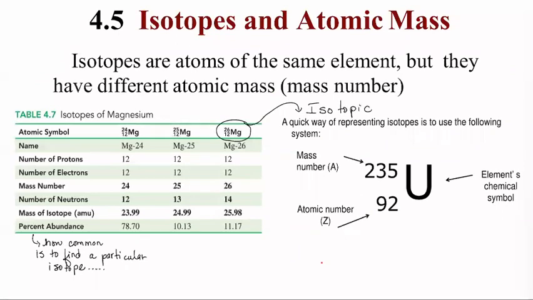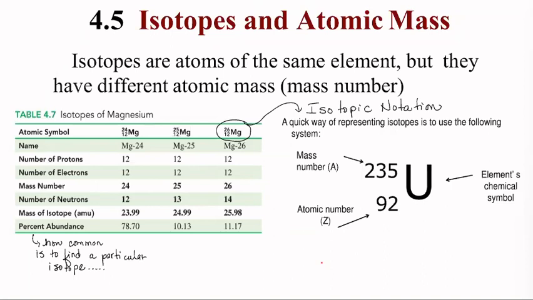And you guys are able to write isotopic notation for any element in the periodic table or any isotope of an element in the periodic table. This is how we represent these isotopes in isotopic notation.